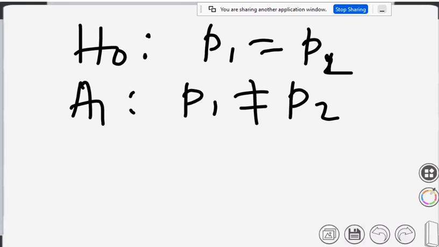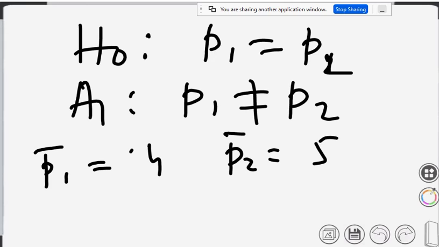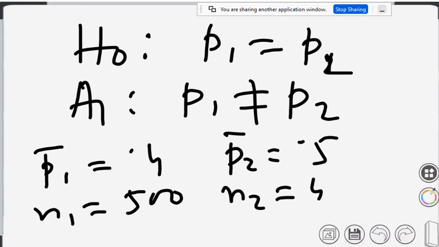That means it will be a two-tailed test. What are the values that are given? P1 bar we have calculated, what is it? 0.4, sir. P1 bar is 0.4, P2 bar is 0.5, and N1 is 500 and N2 is 400.